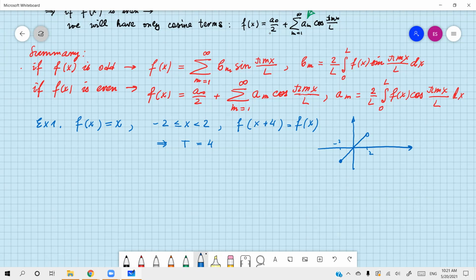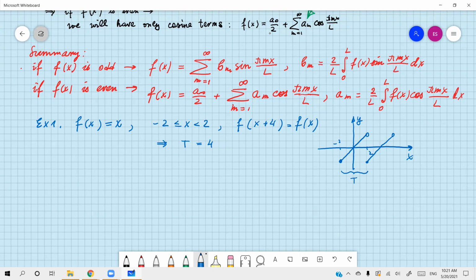So that's my function on one period, and that's one period. I'm going to label it. And then on the next period, we're going to have the same situation, and so on. The graph is going to repeat periodically, looking like this.